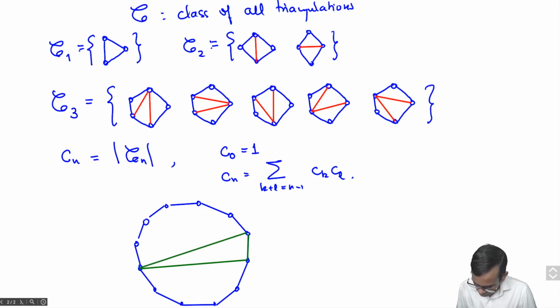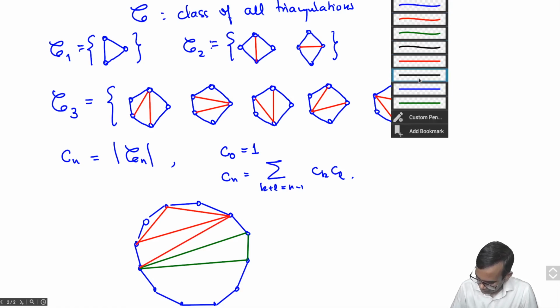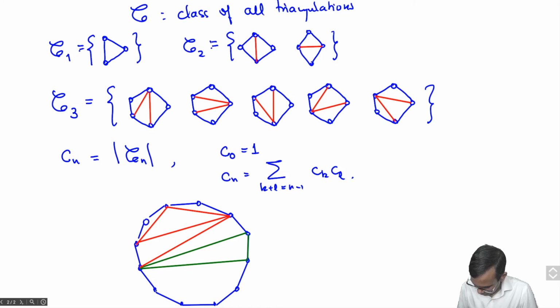It's got to be, these both will be connected to some common vertex in our triangulation, and the remaining vertices will somehow form some other triangulation. So here's one triangulation, and here's, let's see, another triangulation.